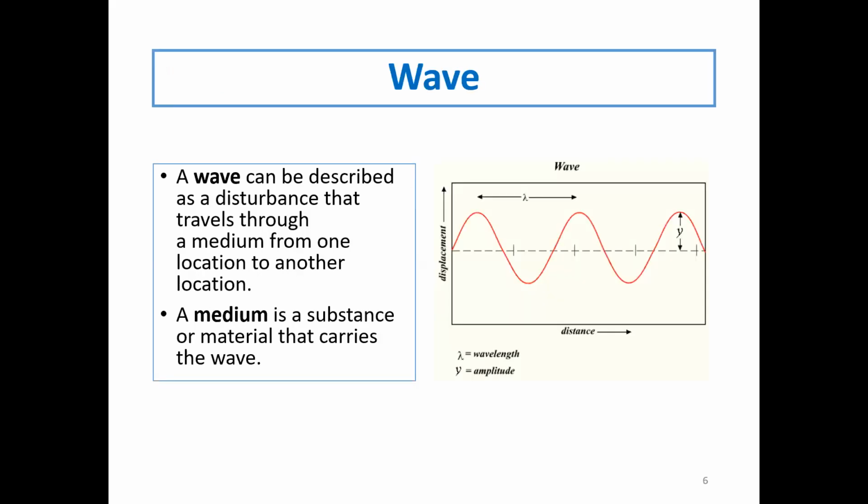So first of all, what is a wave? I think you already know that. Do you know what a wave is? Yes, sir. We know. This is a wave. A wave can be described as a disturbance that travels through a medium from one location to another location.